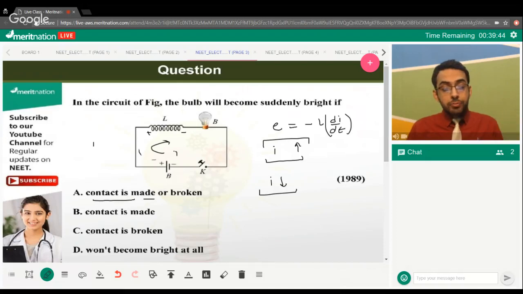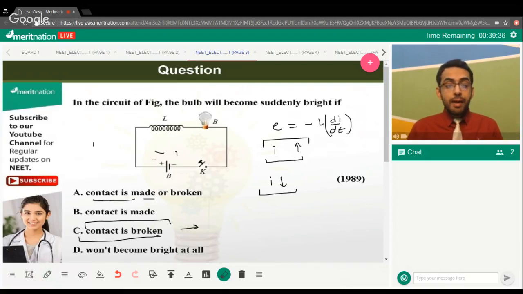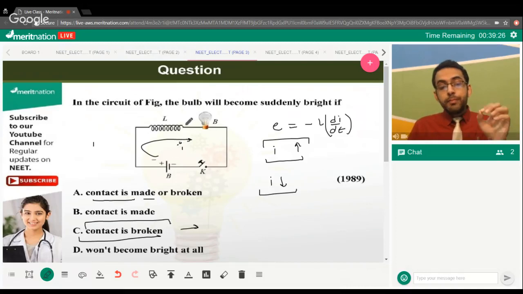But when the contact is broken, in that situation, the EMF induced will support the current. See, when you break the contact, what happens? Suppose steady amount of current I was flowing in the circuit. As you broke the contact, an EMF will be induced such that it will support the current. So in that situation, the current increases.